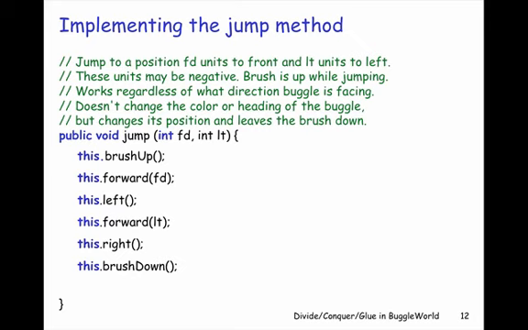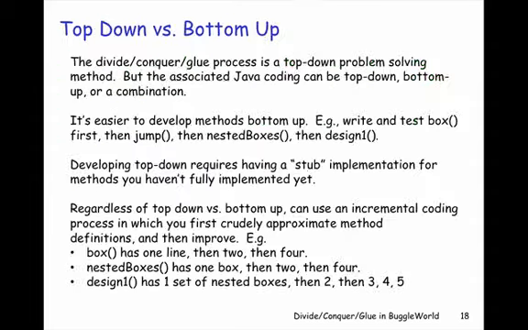We have now implemented all of the pieces of the nested boxes method, and we did it by wishful thinking, first by assuming nested boxes existed, then by assuming that the box and jump methods existed and implementing the nested boxes method in terms of box and jump, and then we implemented the box and jump methods. Now, this approach to problem solving is called top-down problem solving.